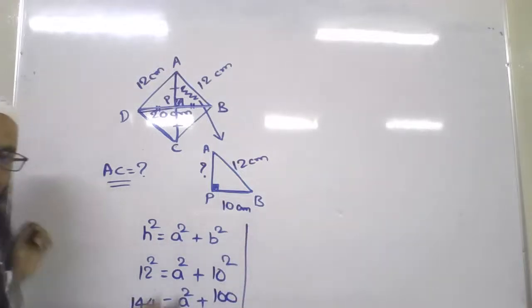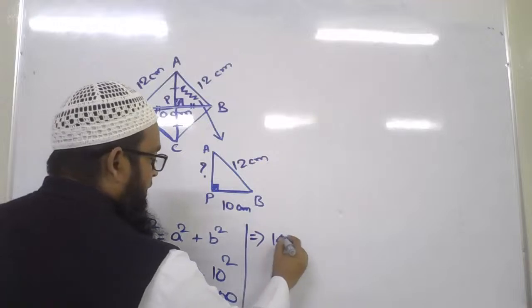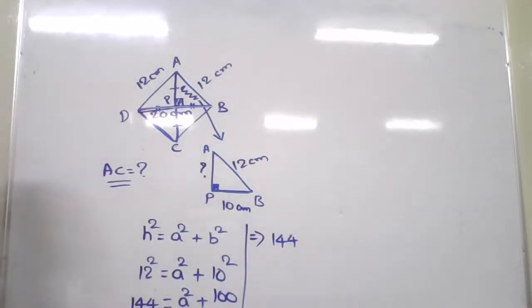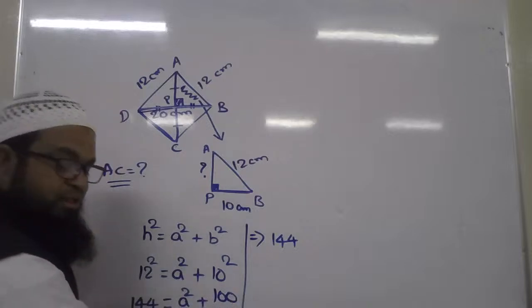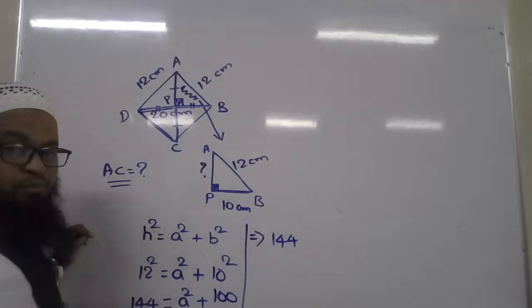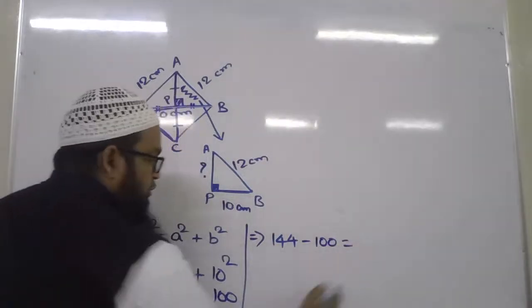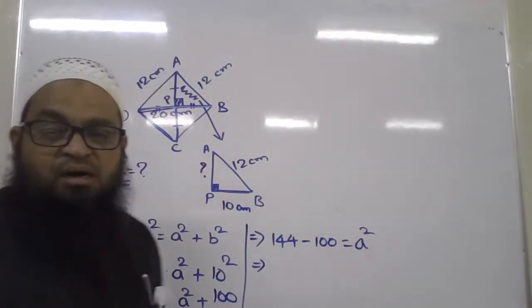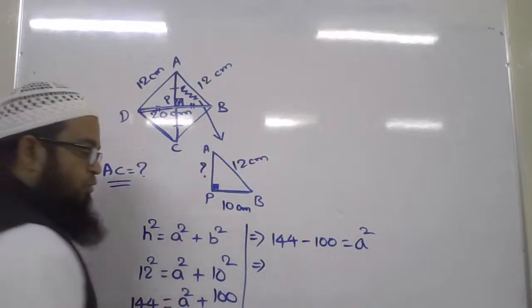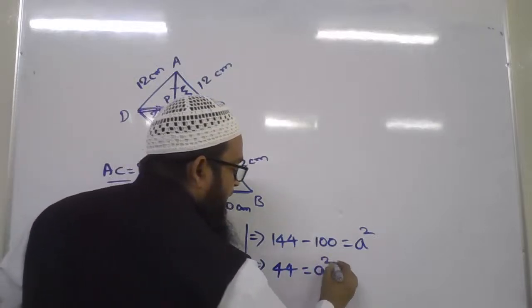Just transpose to the left hand side. 144 is already there. You transpose 100, and when you transpose, plus becomes negative. So 144 minus 100 is 44, which is equal to a square.